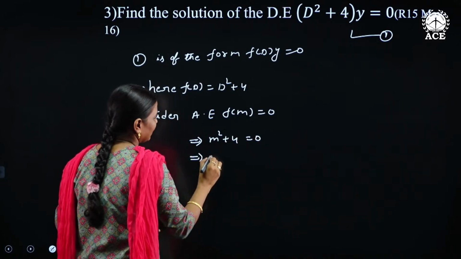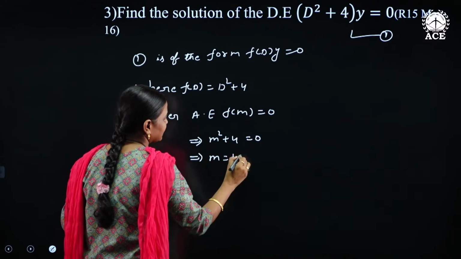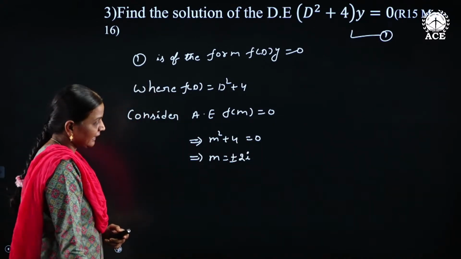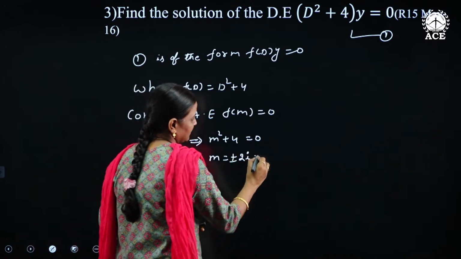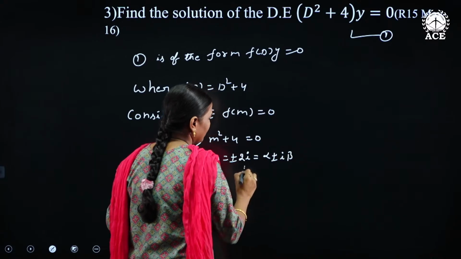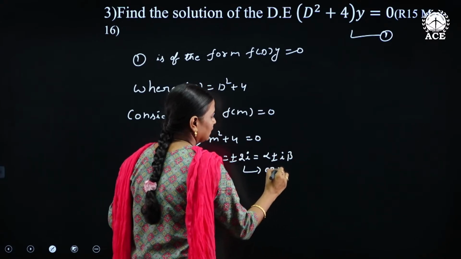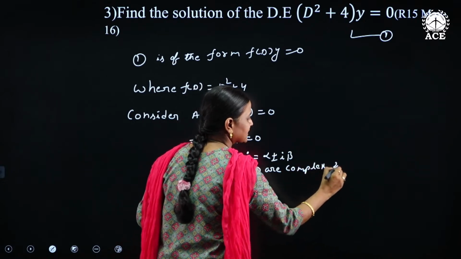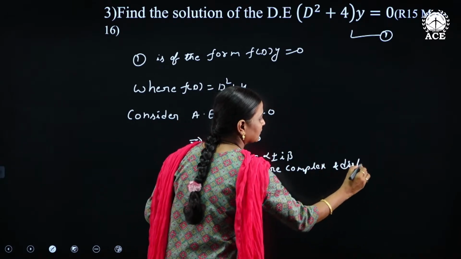From this equation, m is equal to plus or minus 2i are the roots. Here the roots are of the form alpha plus or minus i beta. That means the roots are complex and distinct.